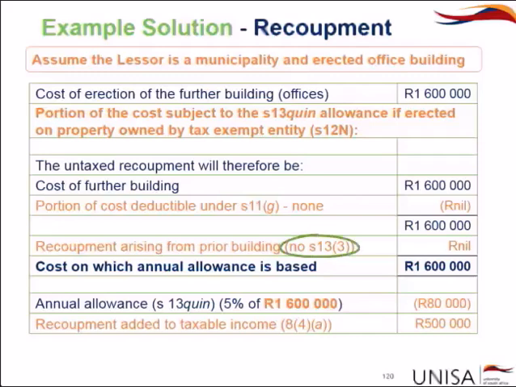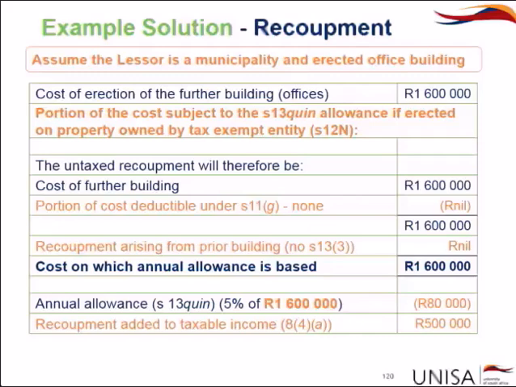This is a Section 13 quin allowance, and therefore we will not be able to set off that 500,000 recoupment. The cost on which the annual allowance will be based will be that 1.6 million that we actually spent. The annual allowance will be 5% in terms of Section 13 quin.